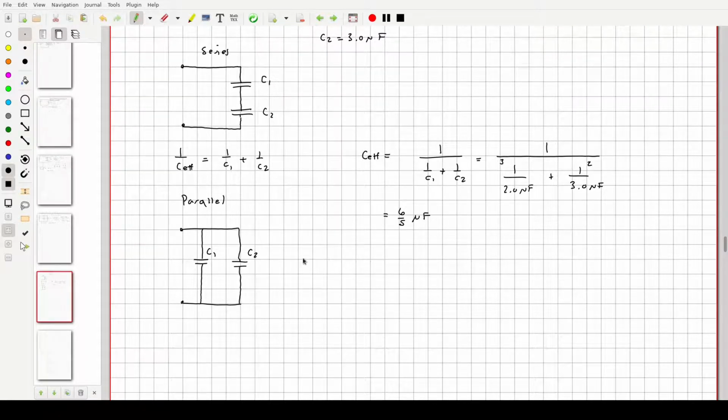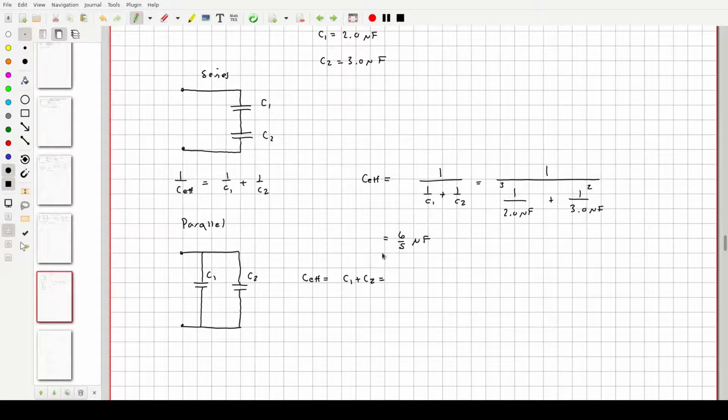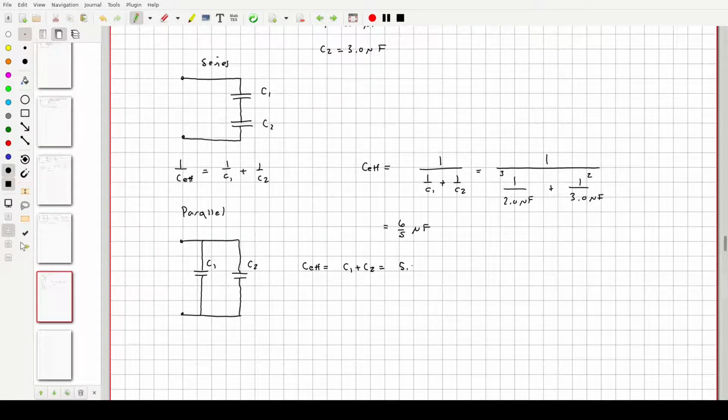So here, when you add them together to get the effective capacitance, you literally just add them. C effective is C1 plus C2. 2 plus 3 is 5.